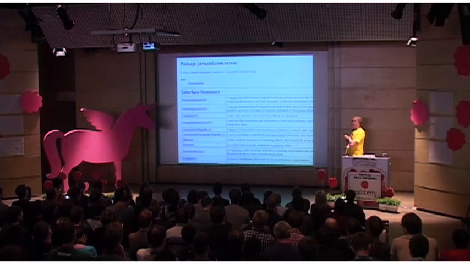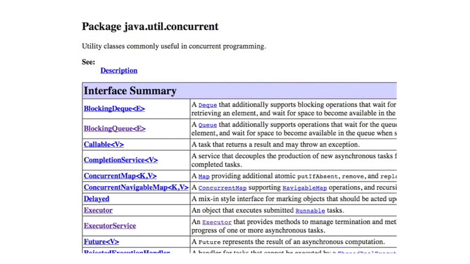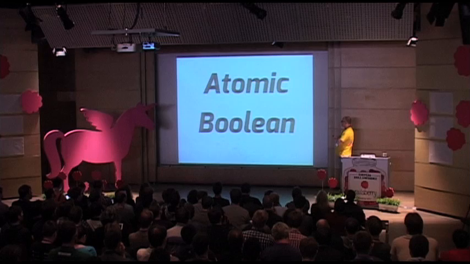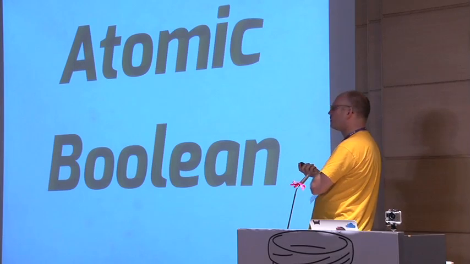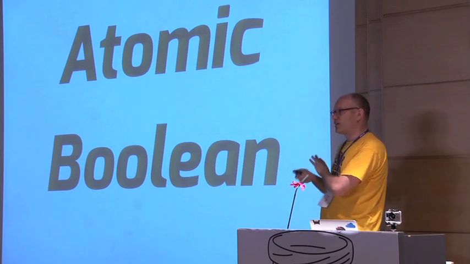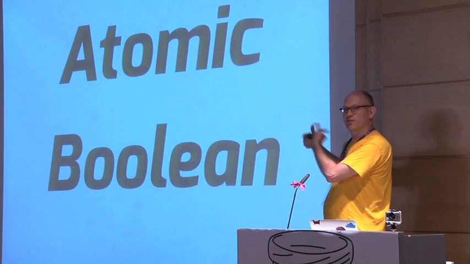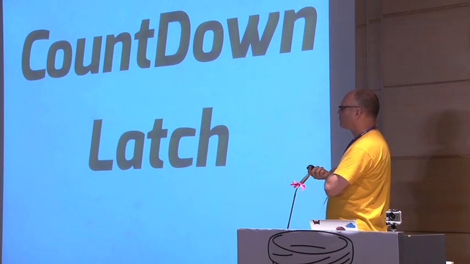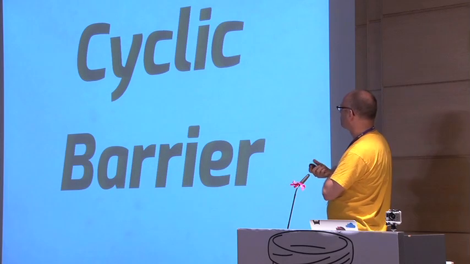So it's a pretty big API, but I think this is the first treasure chest we can find on Java Island, right? It has lots of good stuff. For all the basic types, it has these atomic types that do auto synchronization. It has other useful things like countdown latches and cyclic barriers.